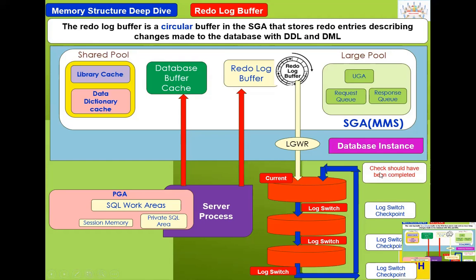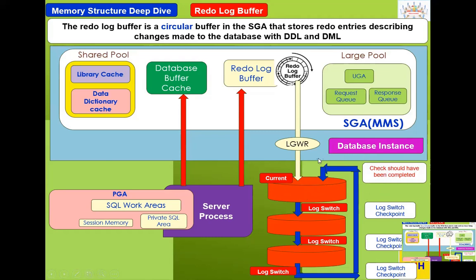That's the case because, as I mentioned earlier, at commit, the log writer updates the redo log files, not the data files. At commit, Oracle will not update the data files. So all committed data is available in the redo log file.